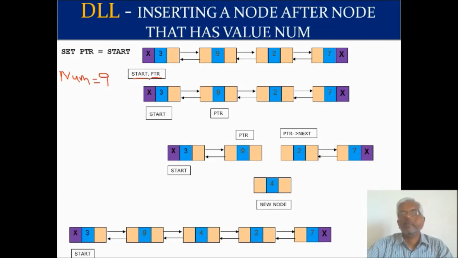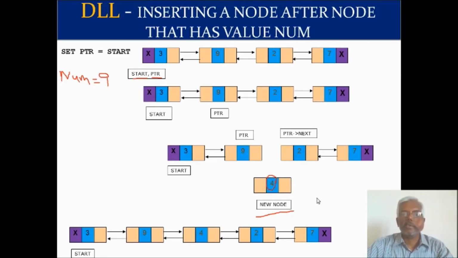Now we are moving this pointer up to the node whose value is 9. Now we achieve that. Now we have a new node, creating a new node. After creating a new node, we have to insert the value into that node.